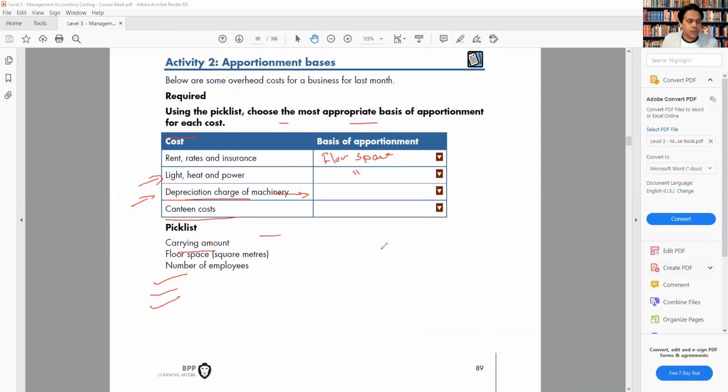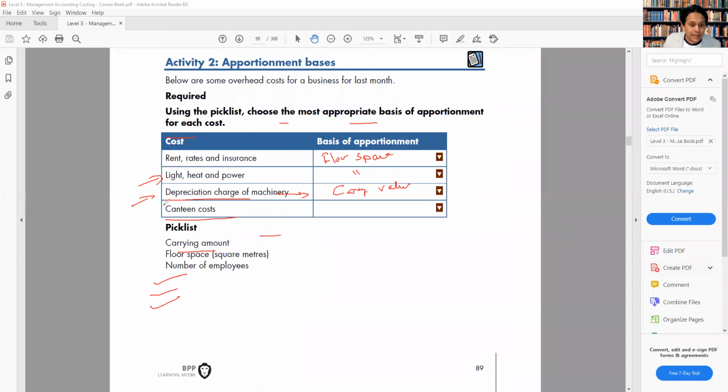Very well done, Adele. So we have carrying amount. Yes, that's very good, because how much value the machinery is carrying right now will help me to get the depreciation charge of the machinery. This is a suitable basis of the apportionment. So depreciation of the machinery is the carrying value.